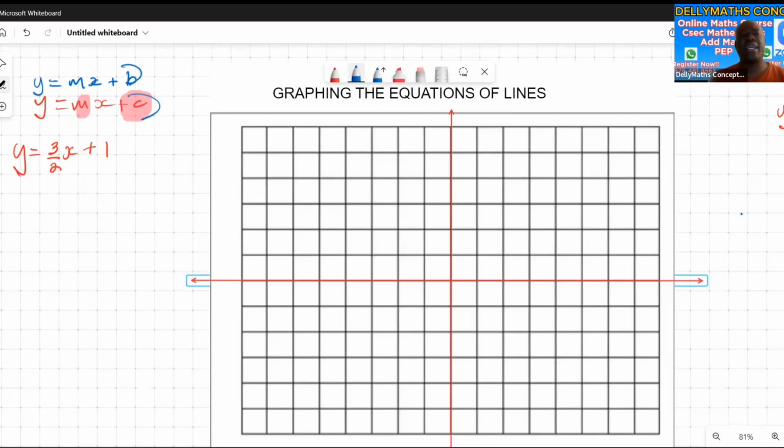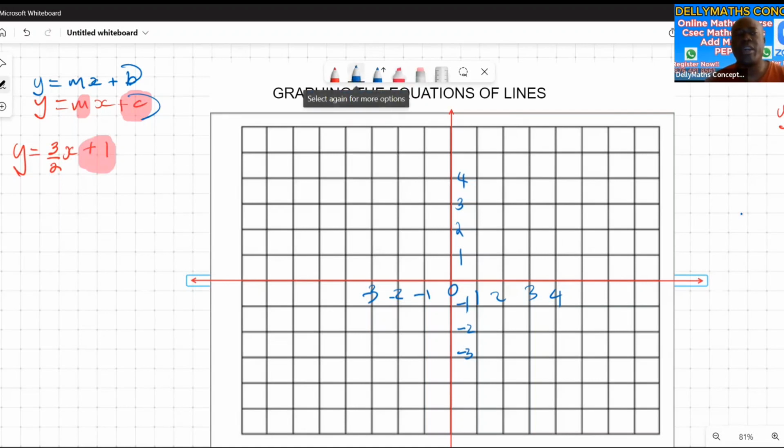So the idea is that if I have my y-intercept and I have the slope, I am able to graph the equation of this line very, very easily. For example, let me label this graph that I have. I want to make sure that I can identify my y-intercept.